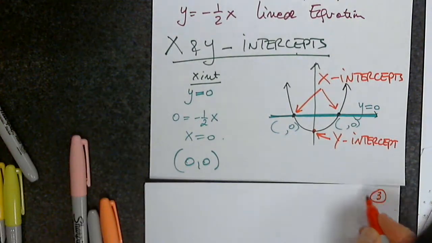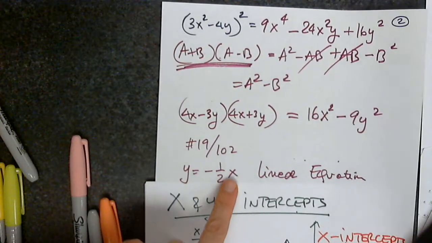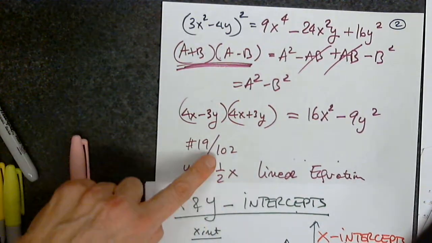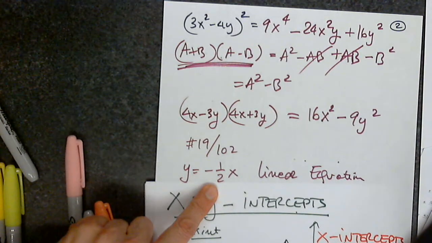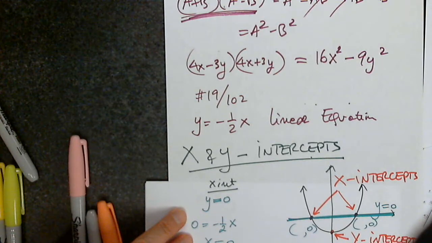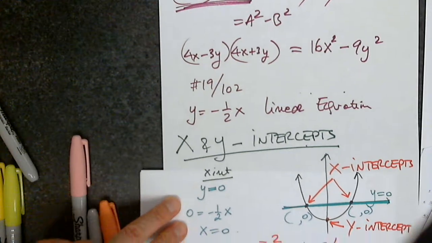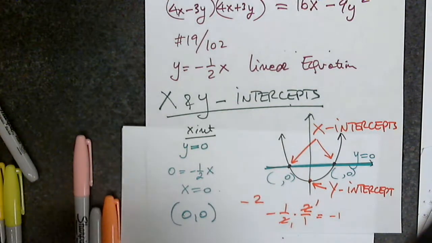Excellent. So when x is 2, 2 over 1 times negative 1 over 2, what do I get? Negative 1 over 2 times 2 over 1, I simplify. What do I get? Negative 1, indeed.